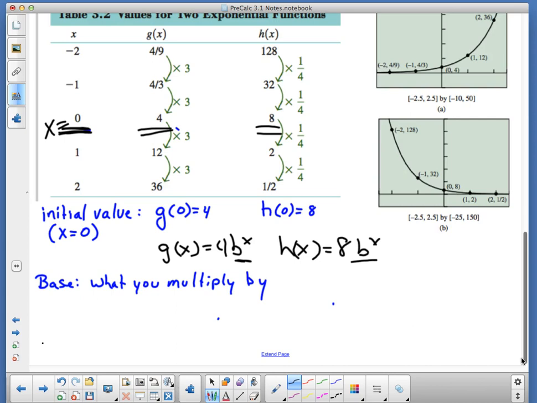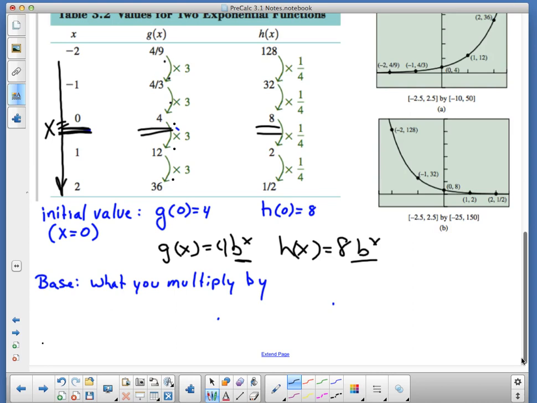Now, if I look at this, I notice that as I go up from -2 to -1 to 0 to 1 to 2, I'm multiplying by 3, so I'm just going up by 3s as I go.